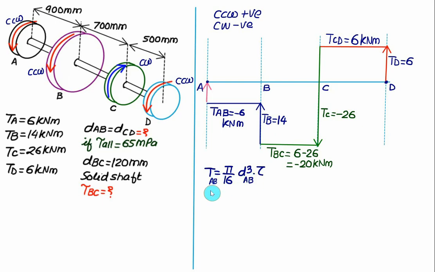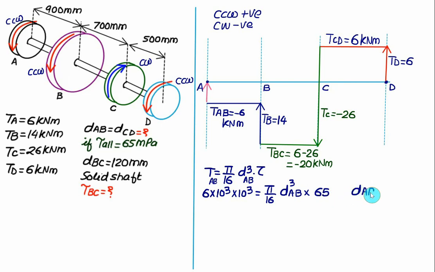Torque in AB is equal to 6 kilonewton meter, so 6 times 10 to the power 3, and meter is another 10 to the power 3. That will be equal to pi by 16 into the diameter of AB cubed, with the allowable shear stress equal to 65. So we can solve this and find the diameter AB.